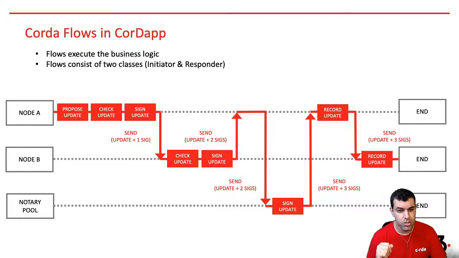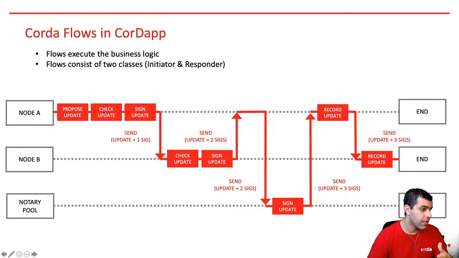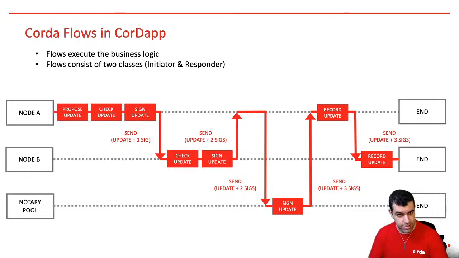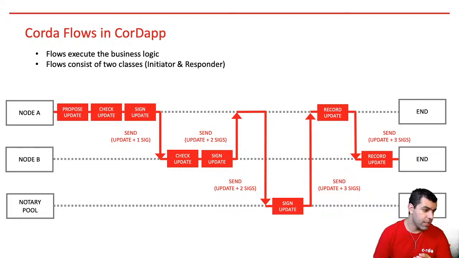I'm going to check it myself, meaning I'm going to run a flow with a particular set of arguments. That flow will trigger an update or a transaction that will then be checked on my own Corda node by the contract code, and then, assuming it is successfully verified, I, on my Corda node, will sign the transaction and broadcast it to your Corda node, that will receive this information and check the update, right?